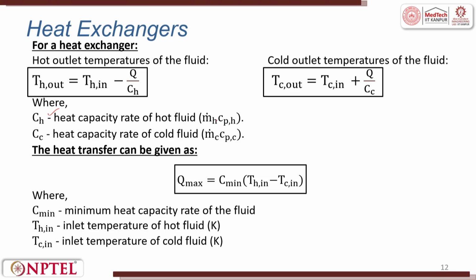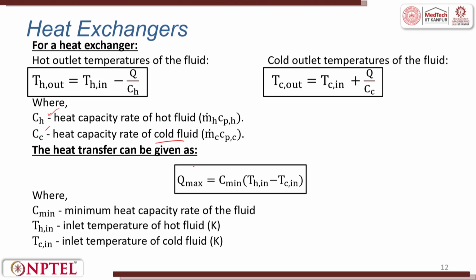M dot h, you know, is the mass flow rate, and Cp we have discussed in the previous lectures. The cold outlet temperature, T c out, is T c in plus Q by Cc. So, here Ch and Cc are the heat capacity rates of the hot fluid and the cold fluid respectively.